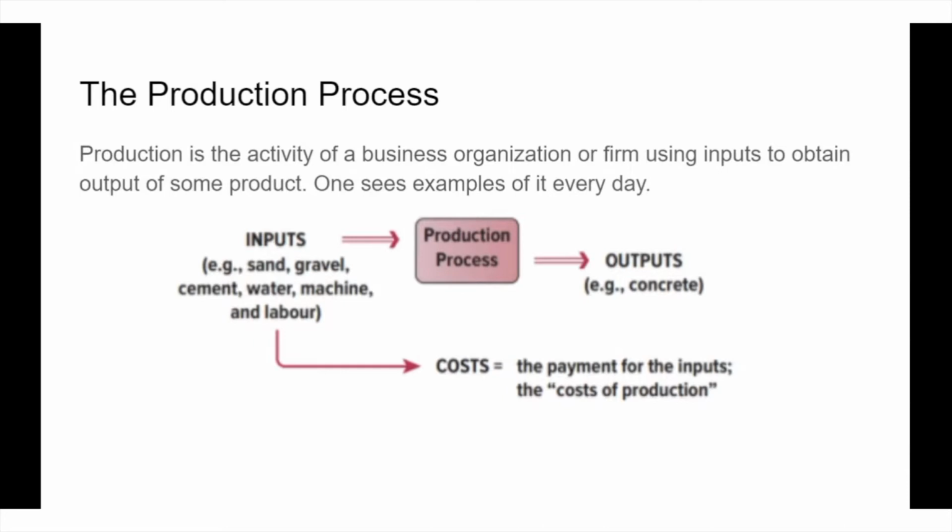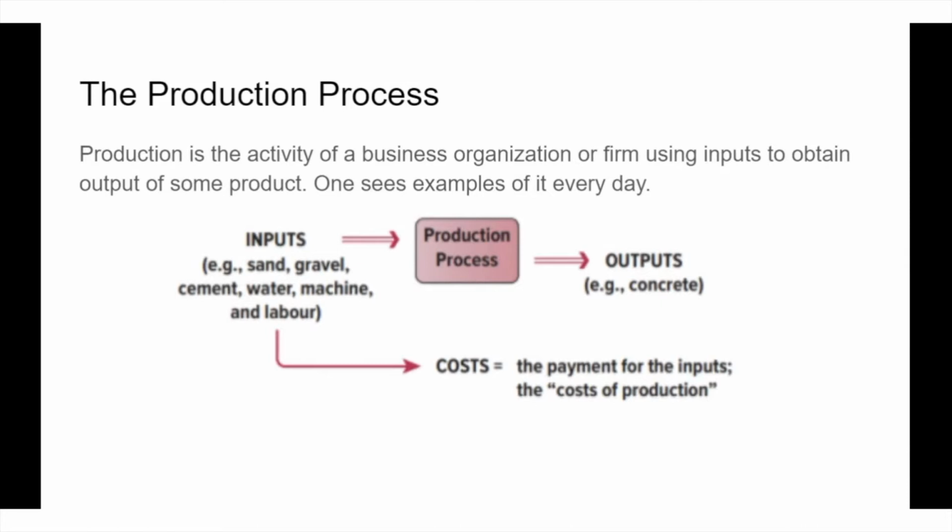If we look at the production process, and this is really outlining some of the theory that we're going to look at in a few minutes, it works very simply. It's not rocket science, okay? We have inputs.